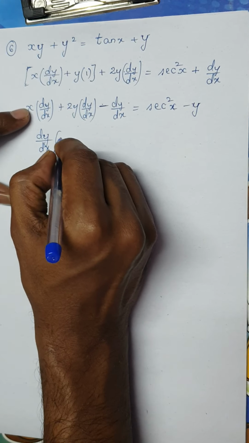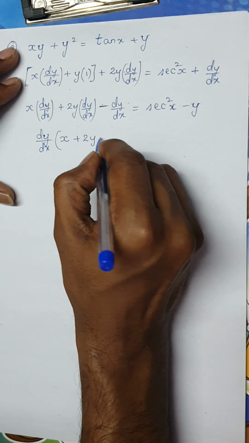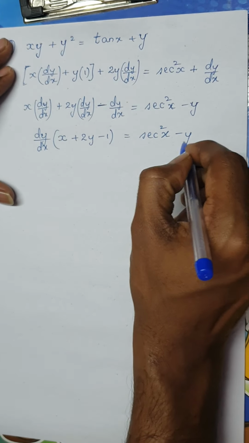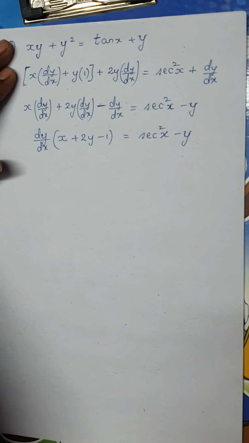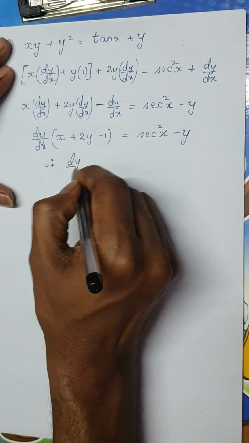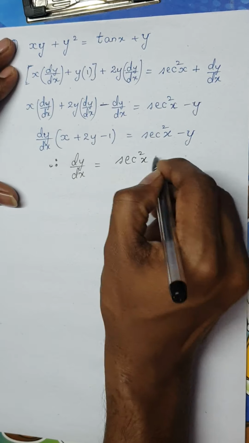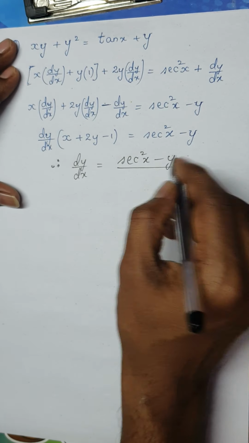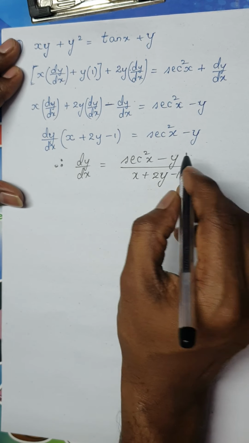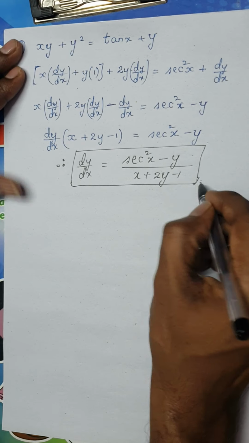So if you remove it, I'll get x plus 2y minus 1. This is nothing but secant square x minus y. So if you divide, you are going to get the dy by dx now. Therefore dy by dx is nothing but, keep this function as it is, secant square x minus y divided by x plus 2y minus 1, okay. So this is my dy by dx.